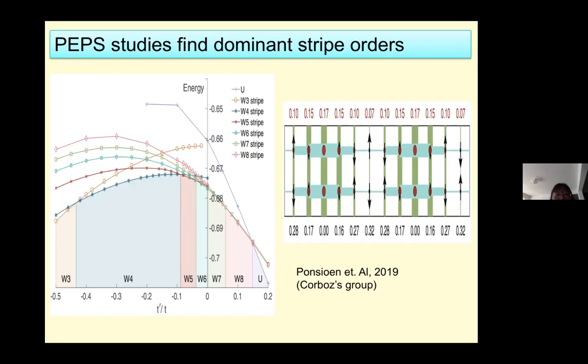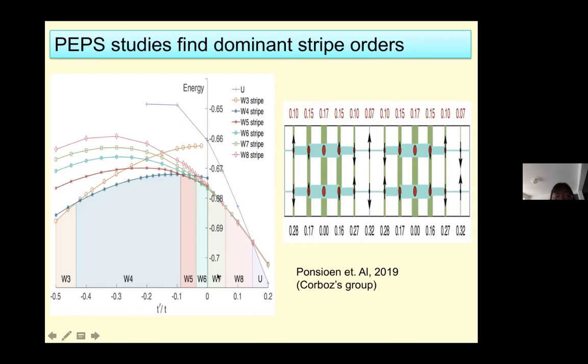The earlier PEPS study also found something similar, in the sense that as the ratio of next-nearest-neighbor hopping to nearest-neighbor hopping varies, you can get different competing states, with different periods of stripes.